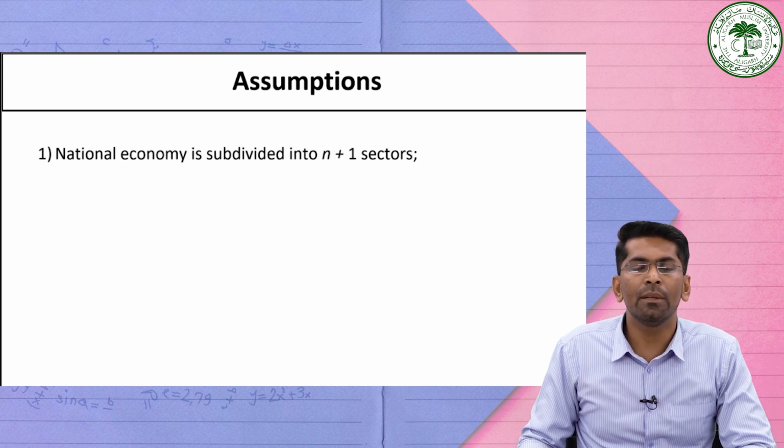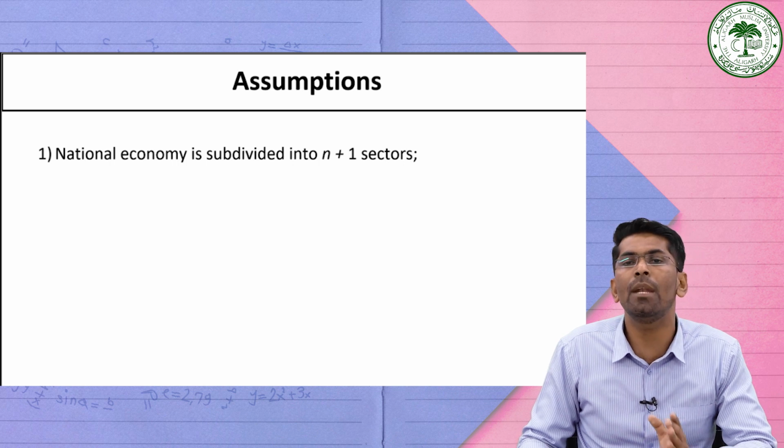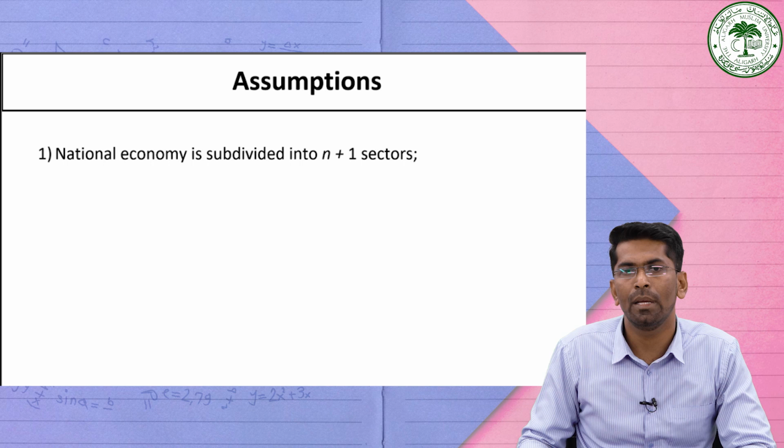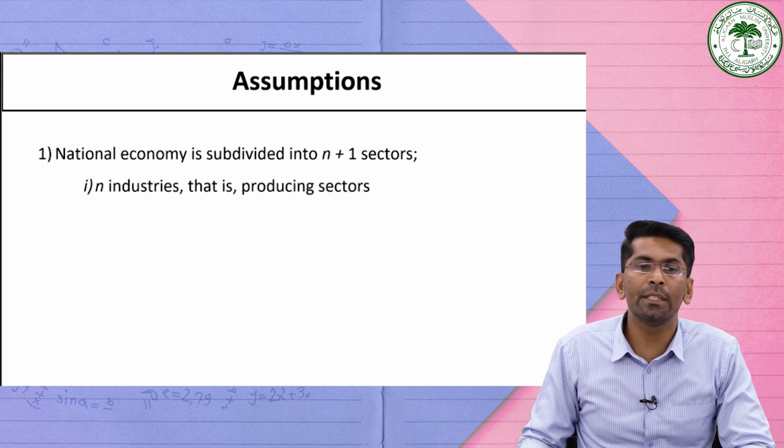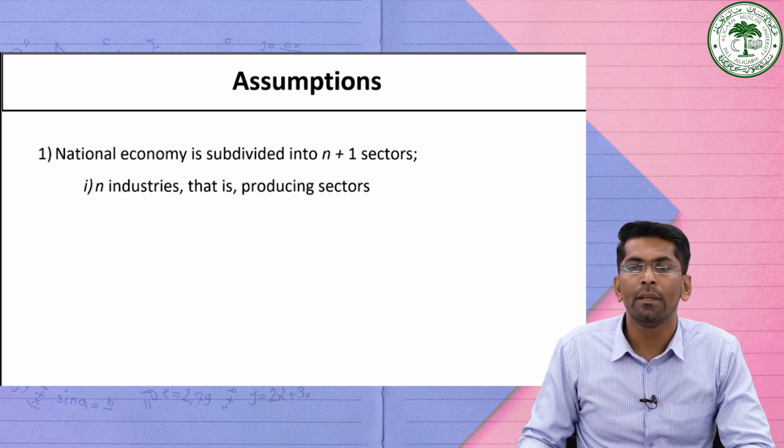The first one is that the national economy is subdivided into n plus 1 sectors. N plus 1 in the sense that there are n industries, that is, n producing sectors, which show an inter-industry demand, also known as intermediate demand.